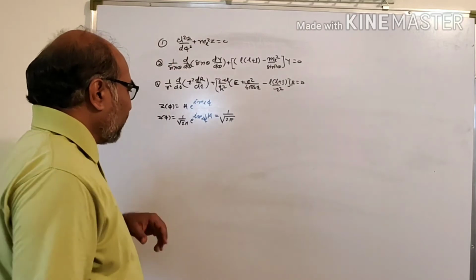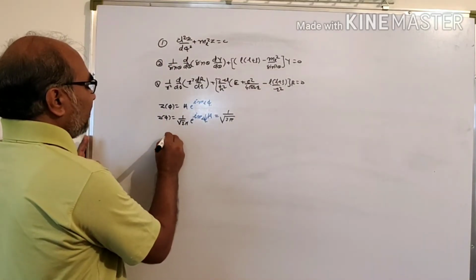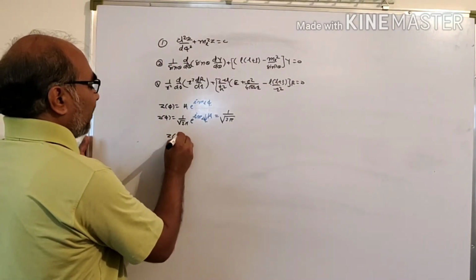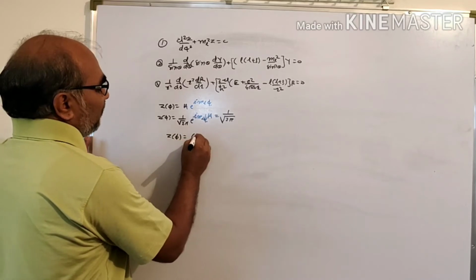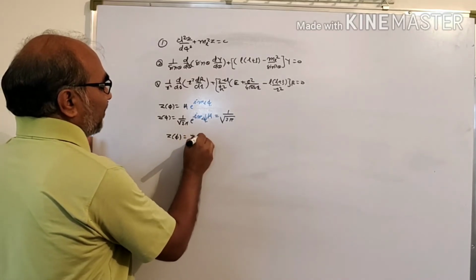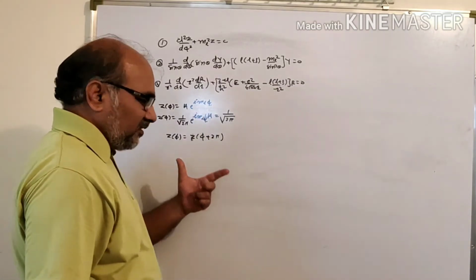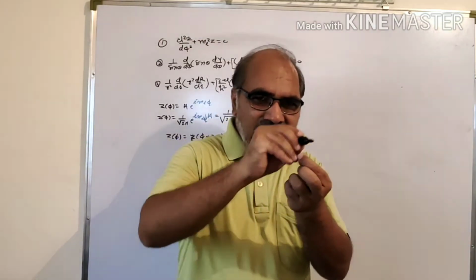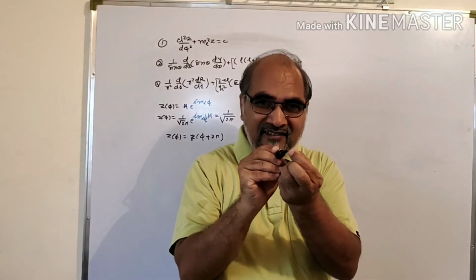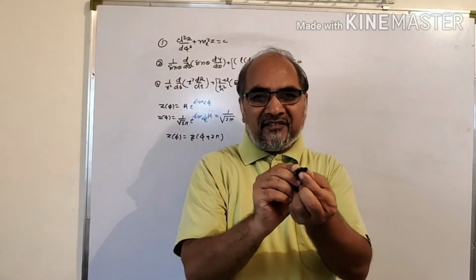There is another property: Z of phi is equal to Z of phi plus 2 pi. After a rotation of 2 pi angle, we come to the same point.